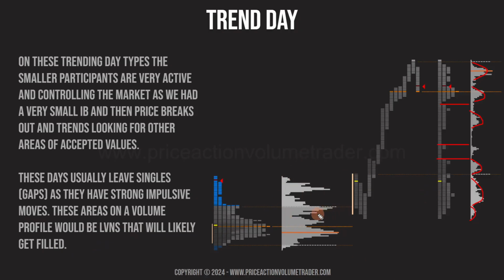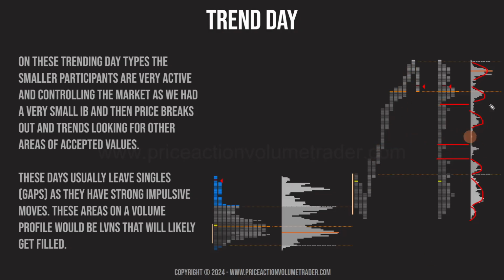So you can see this example. We had this extended hours session here. Then we opened for regular hours. We had just a quick dip, and then we had a very strong momentum up. And if you look at the profile, you can see we left several singles areas during this breakout movement.